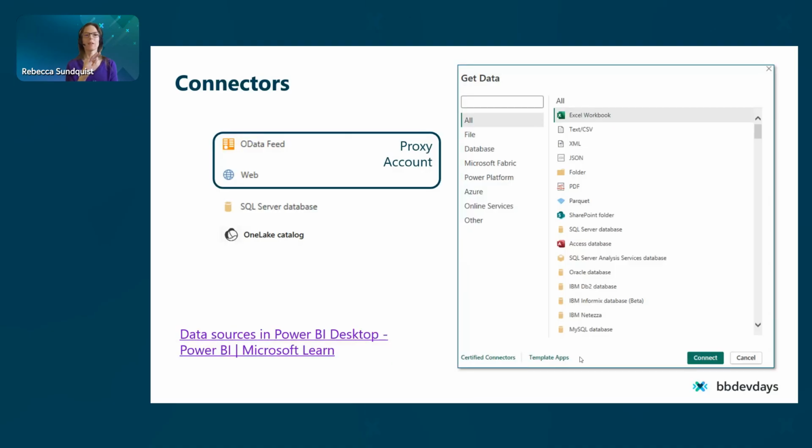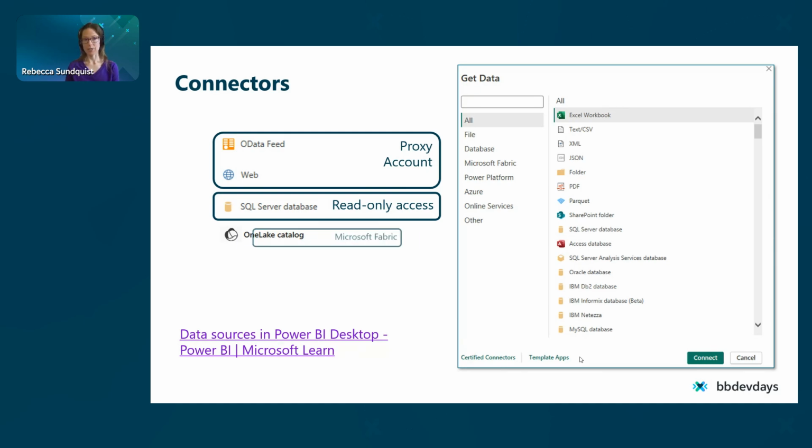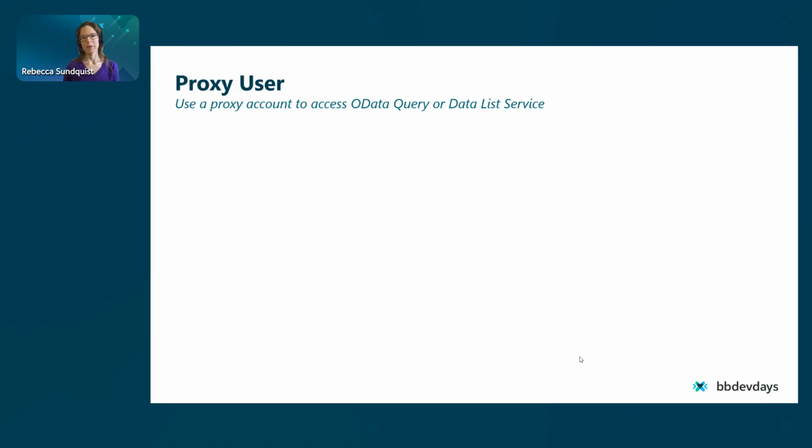The OData feed, the data list service options would require that proxy account. And that's what we're going to cover first. Then for our read-only access, we can use that SQL Server database connector. And the OneLake catalog, of course, opens up Lakehouse materials that might be in Microsoft Fabric.